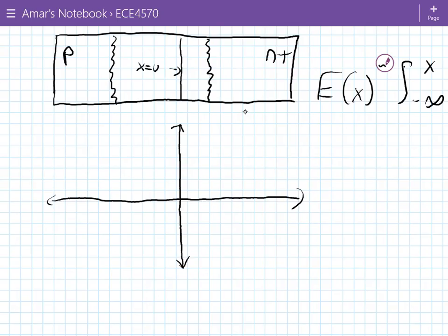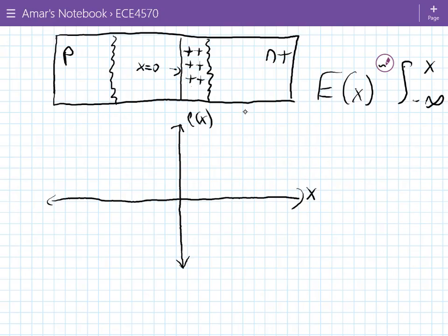So this is our x-axis, and the first plot we're going to do is rho of x. This is the charge density, the number of charges per centimeter cubed. We've already done this before, so this is a good starting point.